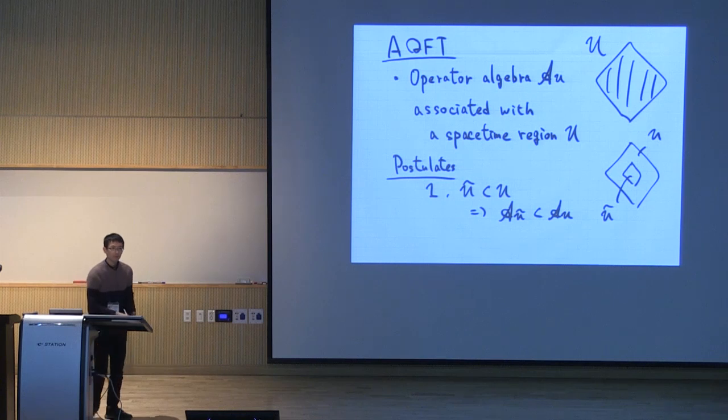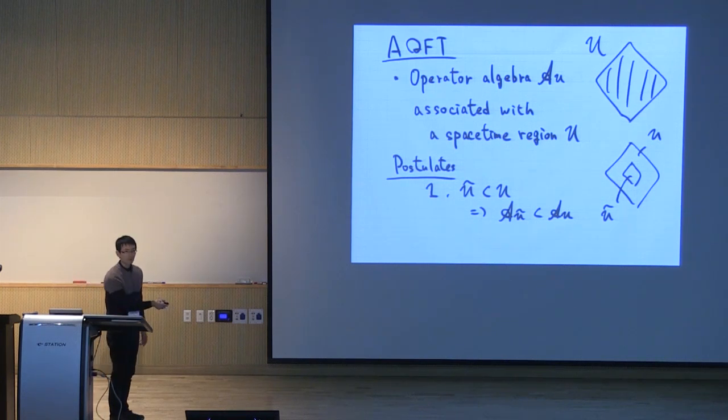And probably some of you noticed that this is very similar to the partial ordering we have seen in quantum information theory. The inclusion of space-time regions is also a partial order. If U tilde is completely contained inside U, then you have an order between them. But if U and U tilde have a partial overlap, then you cannot compare these two space-time regions.